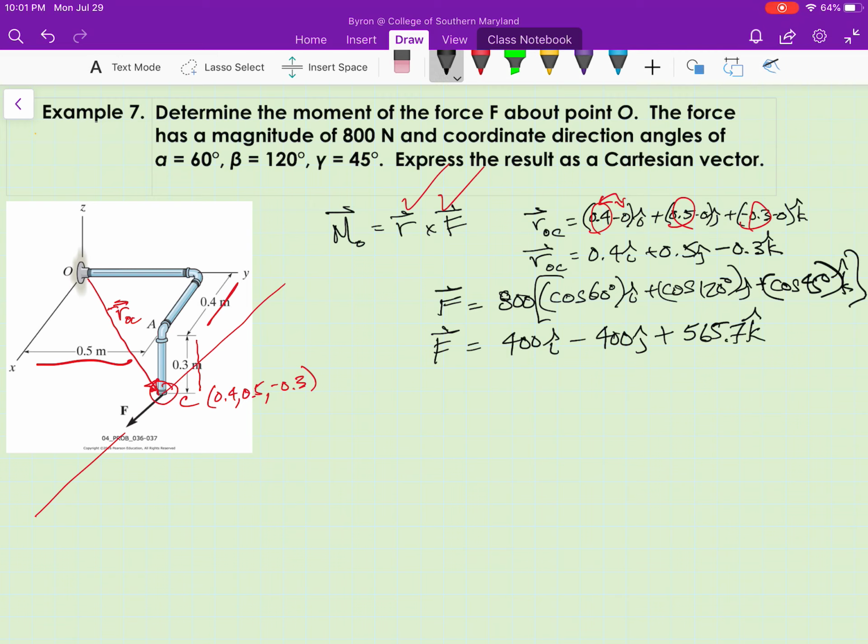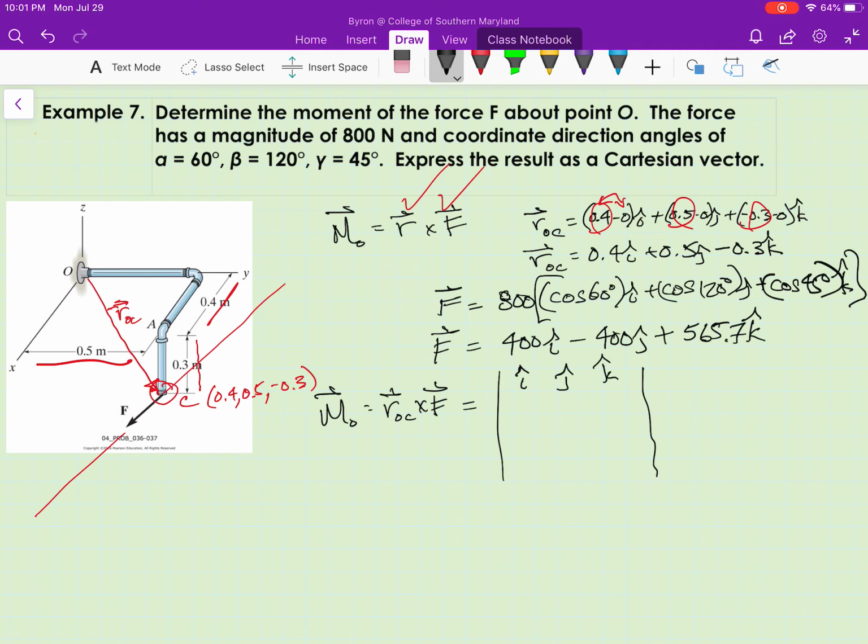Now we can write moment about O equals R sub OC cross F, and since we have the two vectors in Cartesian form, we can put that cross product into a determinant. The first row is going to be ijk.